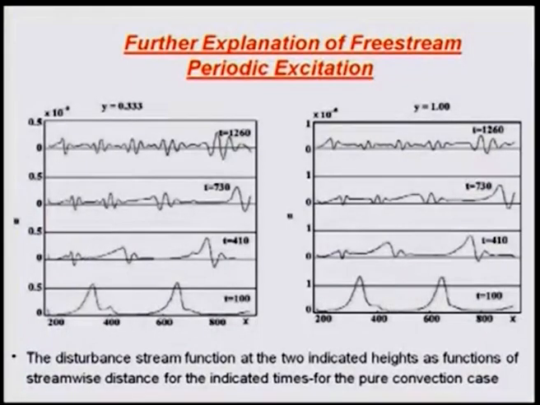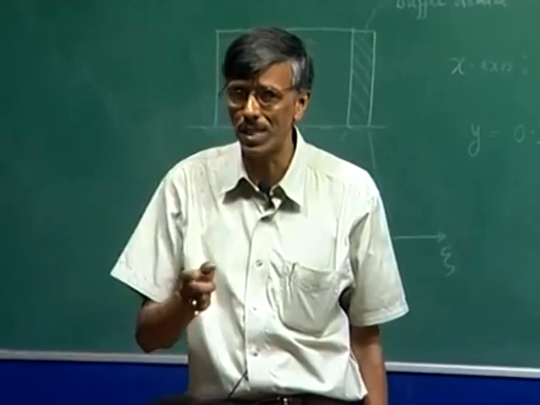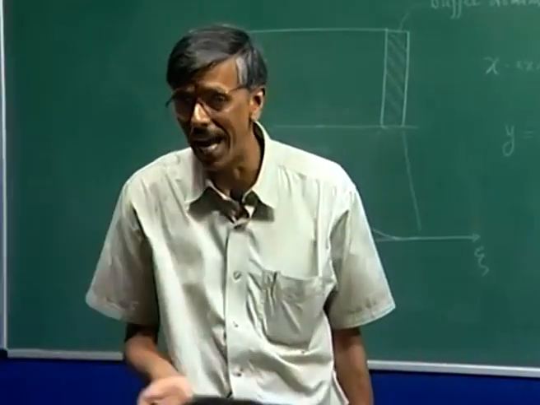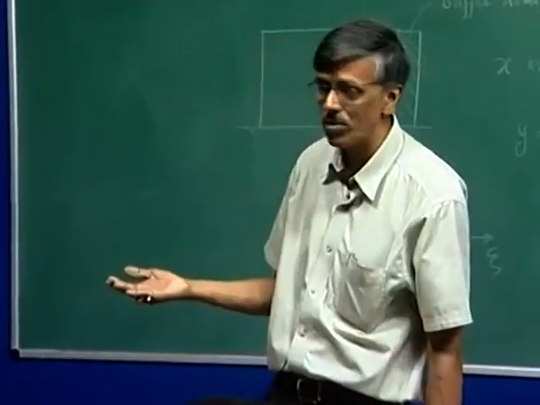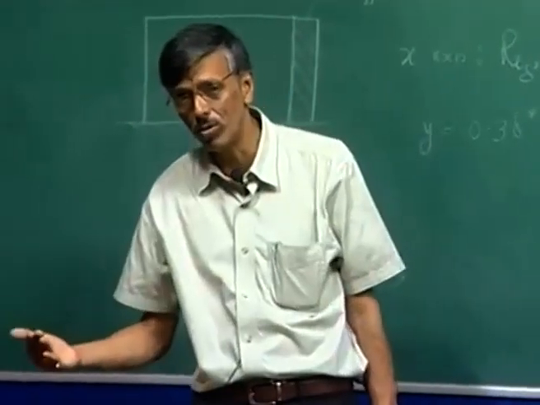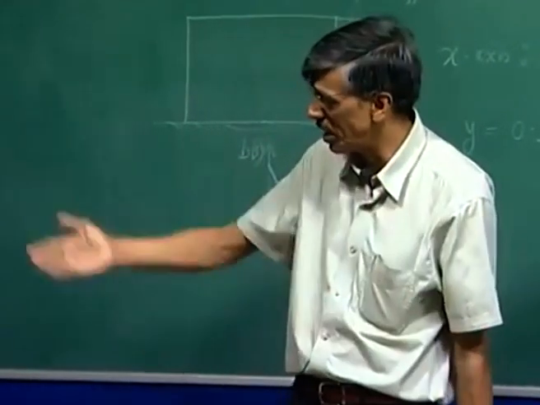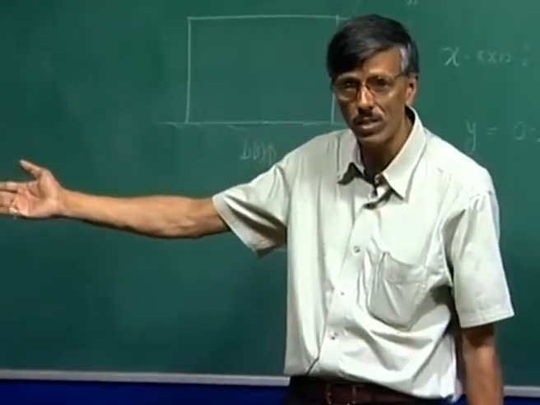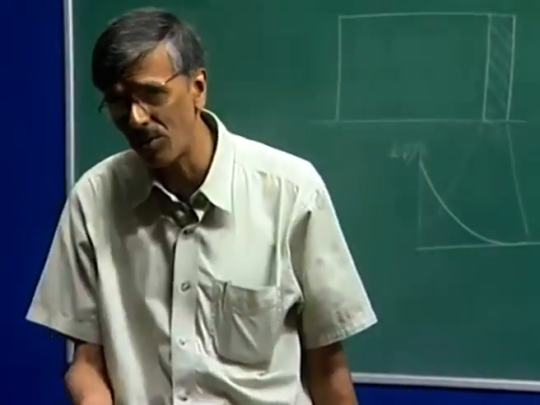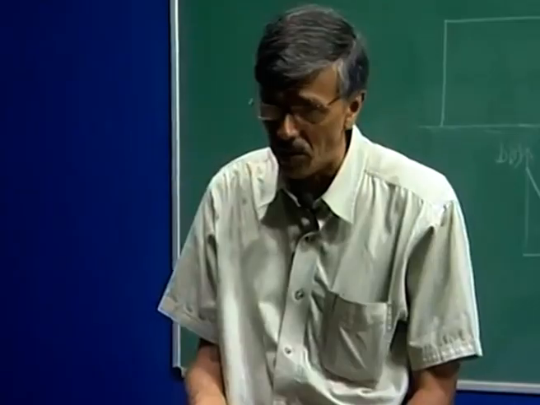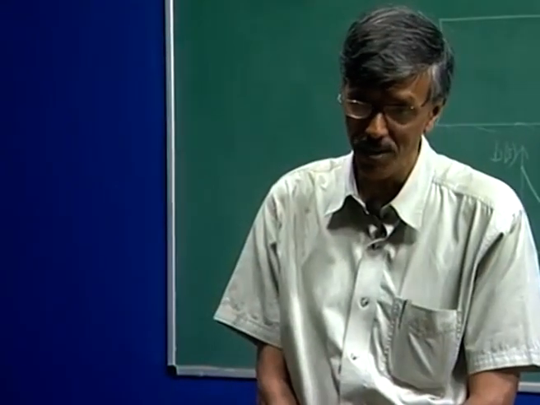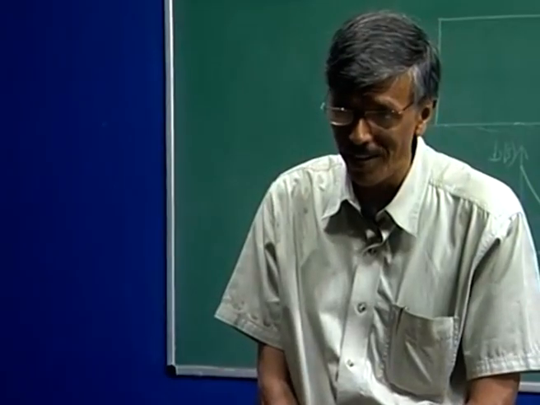The omega naught also, we have seen what can happen: we are not only creating omega naught, we are creating n omega naught. So, higher frequencies are going to be excited, and those can give rise to your 2D modes. And the solution that you are seeing is from a 2D calculation. So, you are only seeing a 2D calculation, but think of the actual experimental scenario. In the experimental scenario, what are you going to see? You are going to see those Klebanoff modes, right.